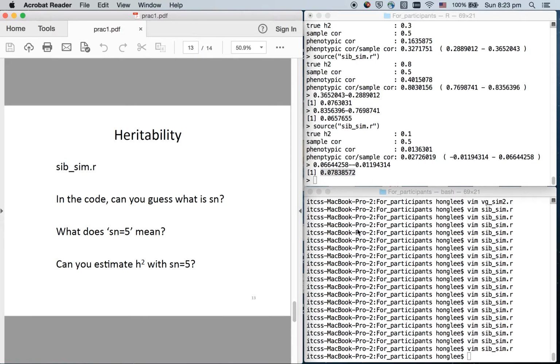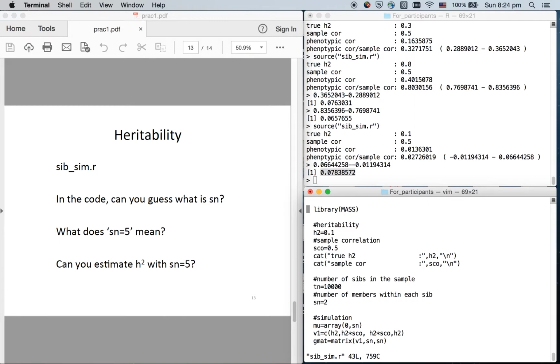Okay, then now in this code, siblings R, can you guess what is Sn? This value Sn, and what if you change Sn equal 5? Then what does it mean? Can you estimate heritability with Sn equal 5?